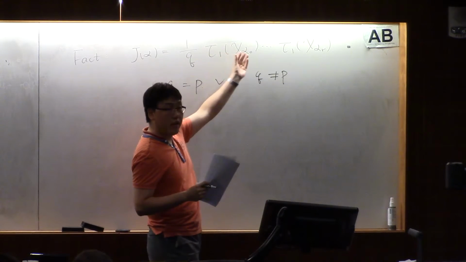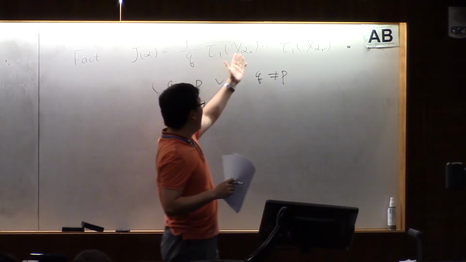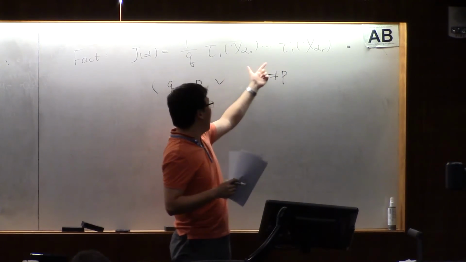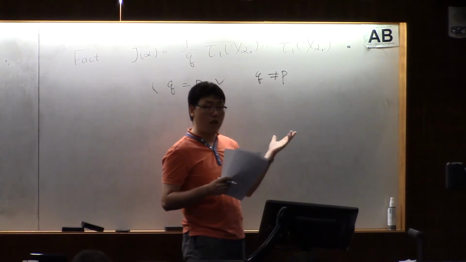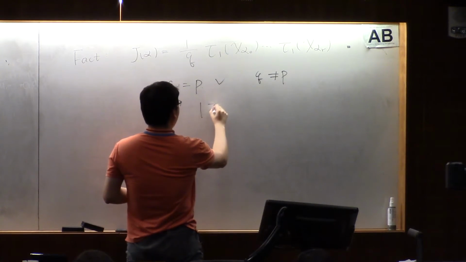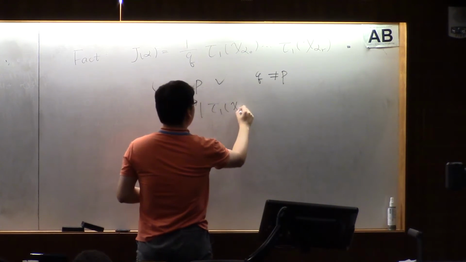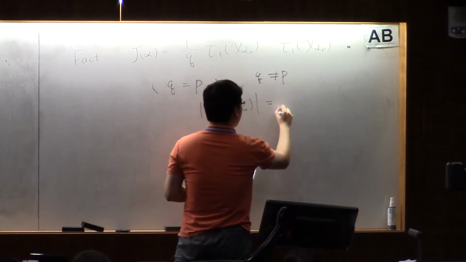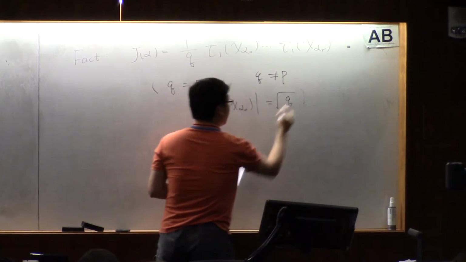Actually, there is a generalization of the Gauss sum for characters of a general finite field, and in that case we have a similar result. Each of these Gauss sums has absolute value square root of q.